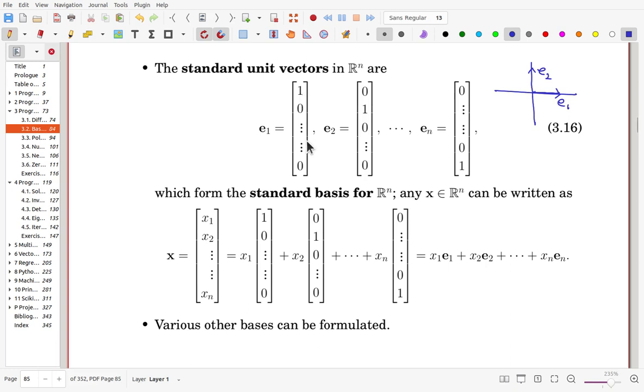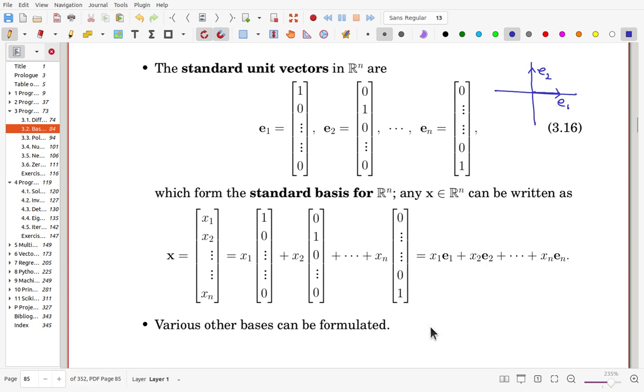So they are linearly independent. That's the reason this collection of unit vectors forms a basis, and we call it the standard basis because it consists of the standard unit vectors.